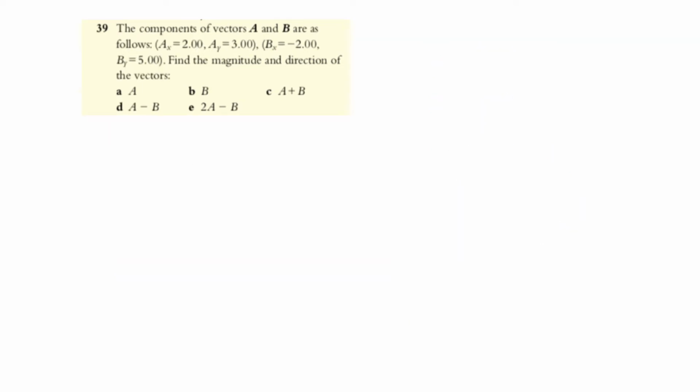Now, how about the case of number 39, letter D, a minus b? Here we're going to write a, and next we're going to write the x component and the y component.